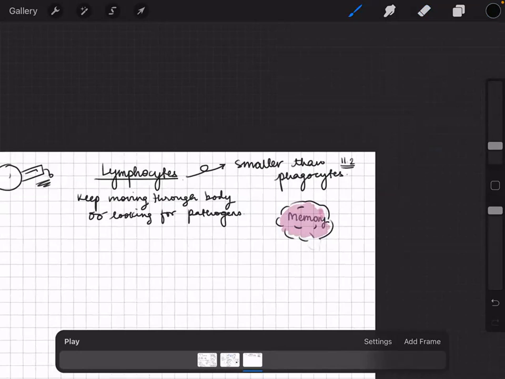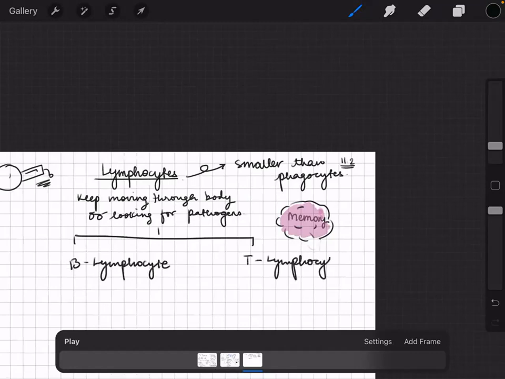Now, these lymphocytes are going to do this function because they can differentiate into 2 very important types of cells. One being your B lymphocyte and the other one being your T lymphocyte. I'm just going to write this: B lymphocyte, and then you have your T lymphocyte.